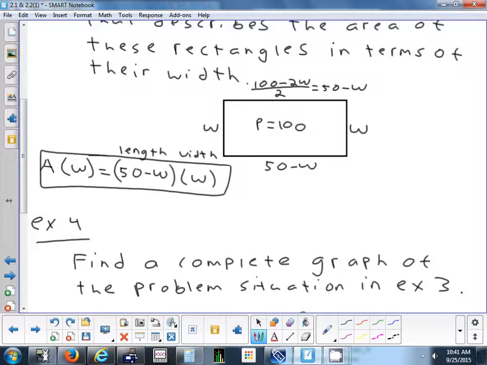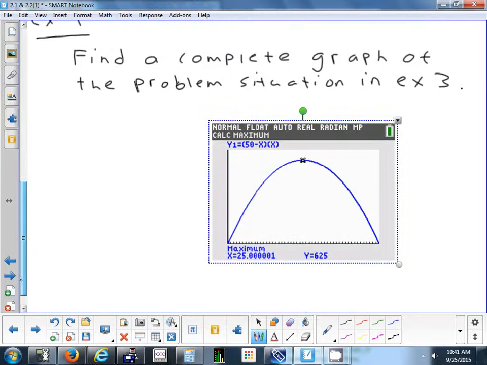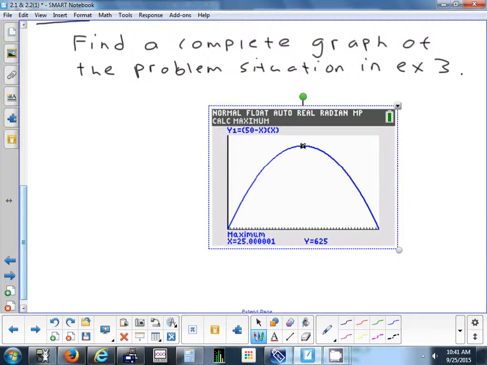So the idea here is that if you want to build a perimeter in the shape of a rectangle around something, and you want to use the least amount of material, but you want to enclose the most area, the best way to do it is to make your shape a square. So that's a complete graph of our problem situation.